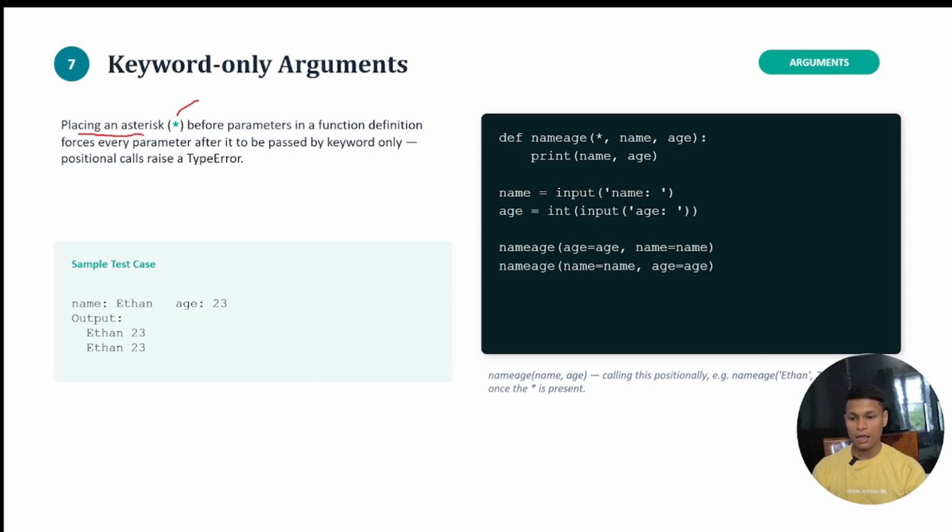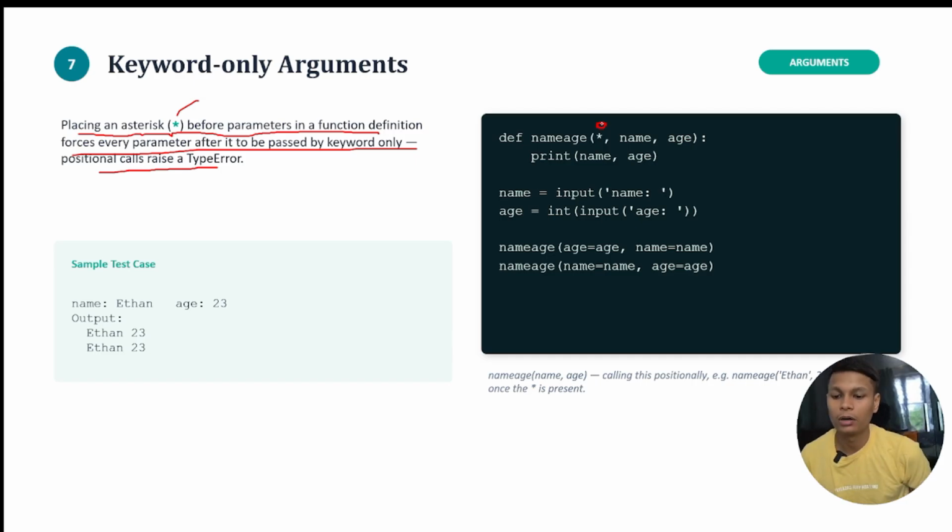Placing an asterisk, represented as a star, before a parameter in a function definition forces every parameter after it to be passed by keyword only. A positional call raises a type error, which means that now we are not able to call the function by positional argument.